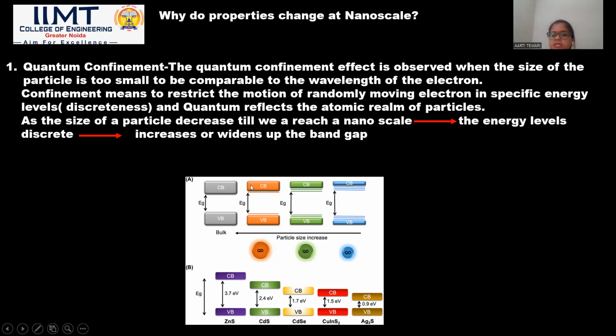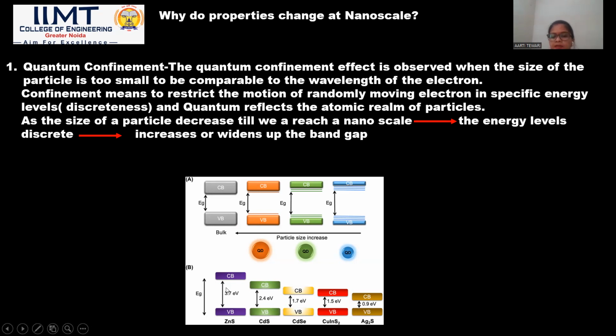So you decrease the size of the particle in such a manner that it becomes comparable to the wavelength of the electron, as a result of which the energy levels become discrete. Then you have different nanoparticles exhibited. So you have zinc sulfide, cadmium sulfide, and all sorts of nanoparticles, and they've actually depicted the band gap energy.